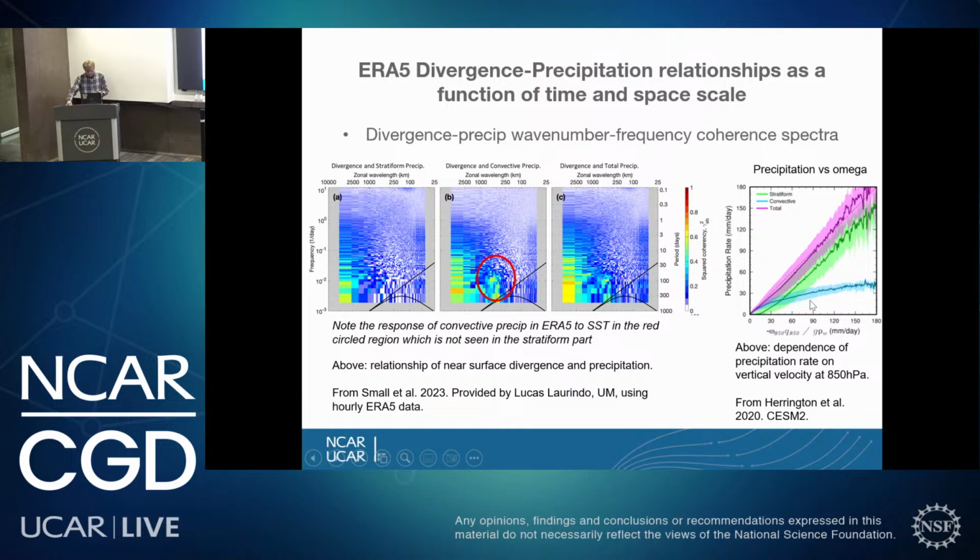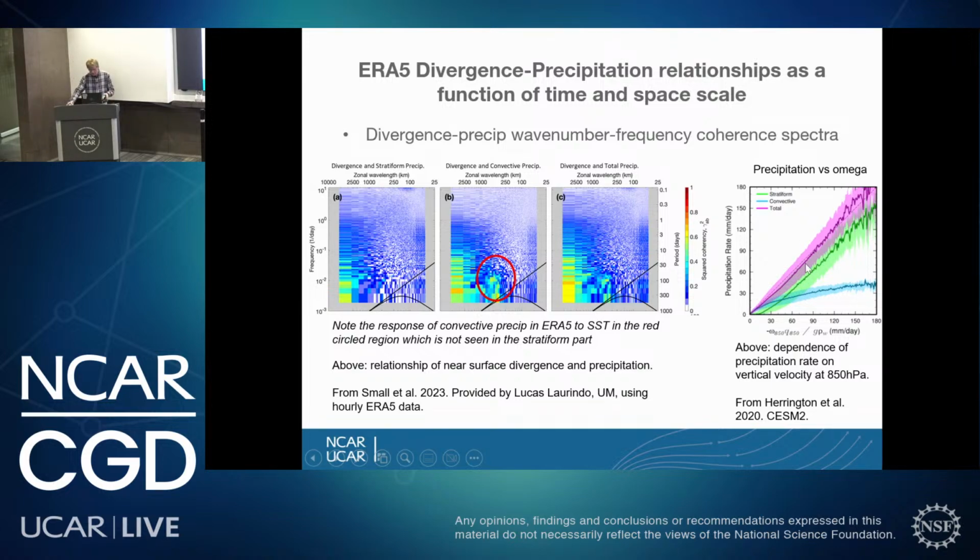What they found from that paper, and Adam was saying to me, was that it's the stratiform part was responding to the vertical motion, which is related to the convergence.